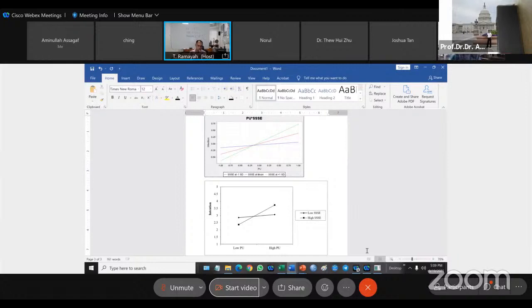Then only you look for the moderator and hypothesize. So the discussion in your literature points to inconsistency between your independent and dependent variables. Then you look for a moderator. If your independent to dependent relationship is consistent, you are trying to look for a mediator. Okay. That's why we spend 1 year looking at the literature.